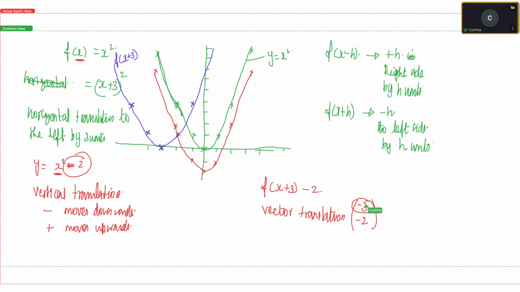So this is basically f of x plus 3. You can just move this down by 2 units, so it will be here. Blue and purple look the same.